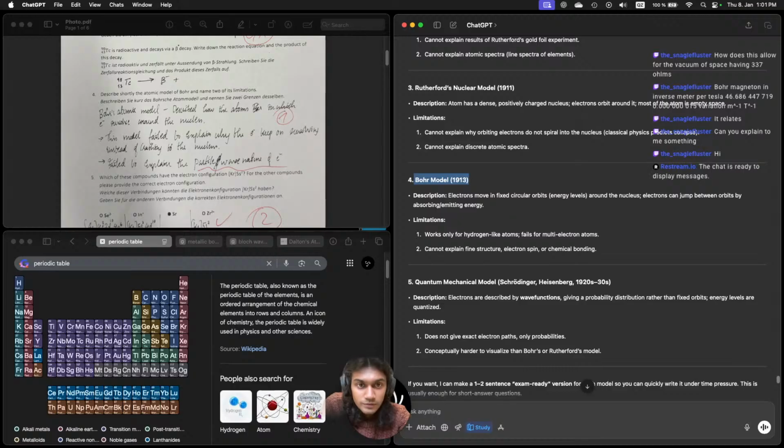How does this allow for vacuum of space having 337 ohms? How does this allow for vacuum of space?